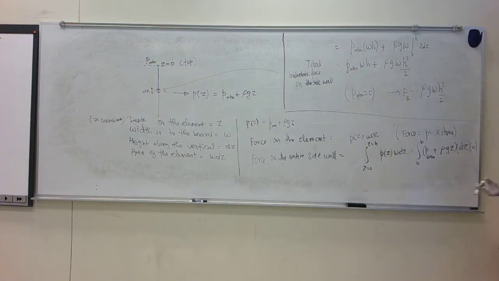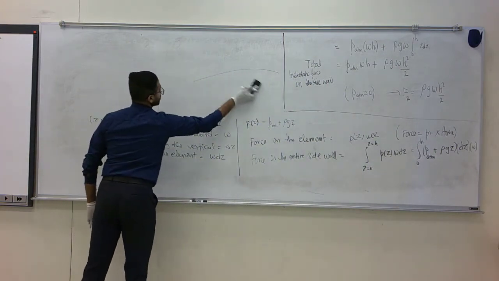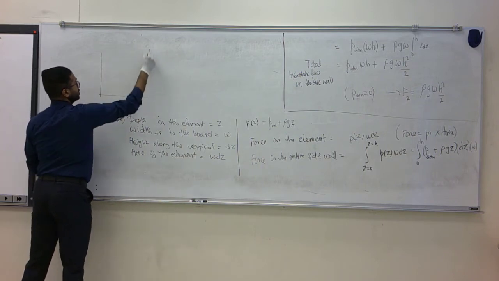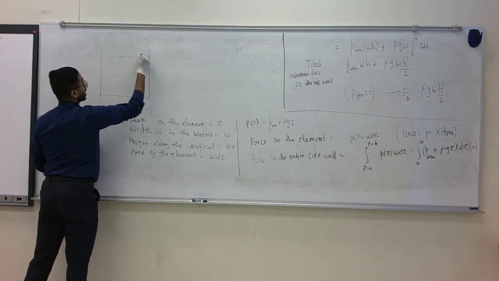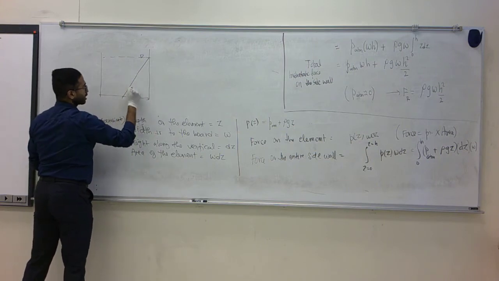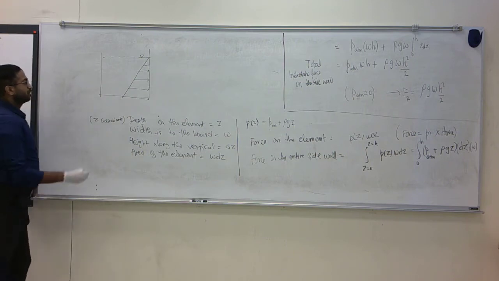Why do I want to call it the resultant force? I have a pressure distribution that's acting like a linearly varying load.